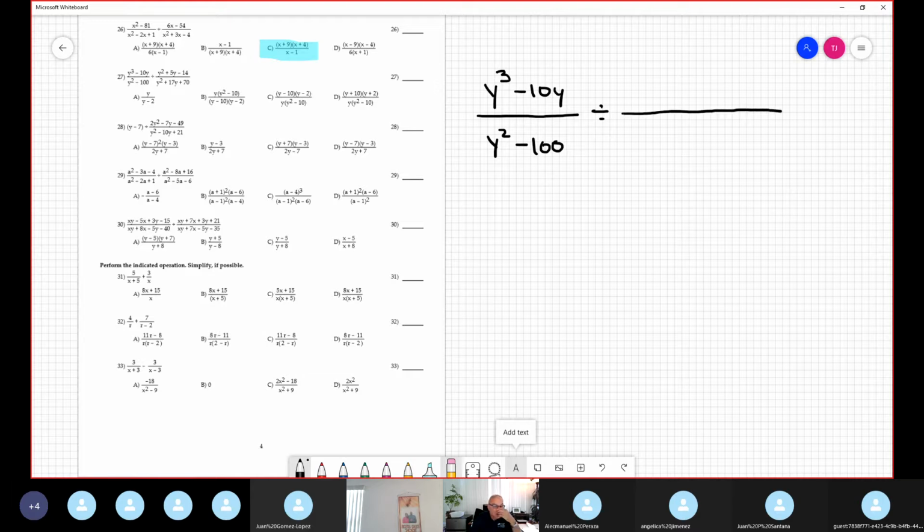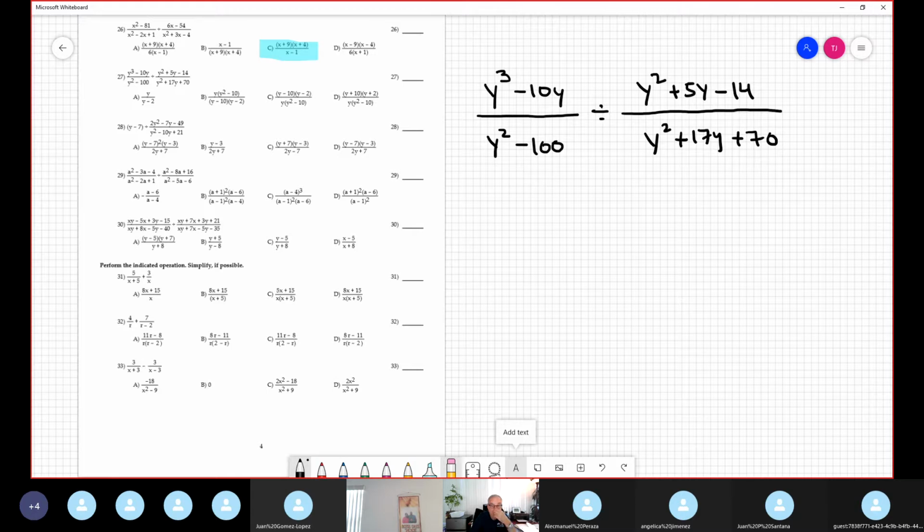Everything is division, because division and multiplication are the same. The only extra step in division is that you flip the second fraction. In multiplication, no. y squared plus 5y minus 14 over y squared plus 17y plus 70. Okay, this is my number 27 problem.